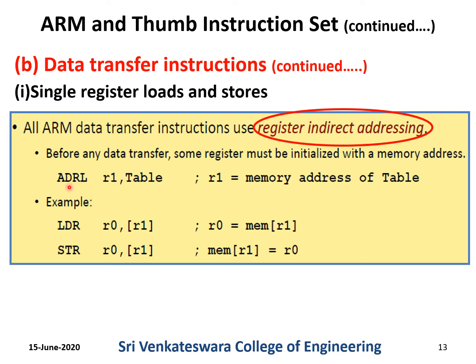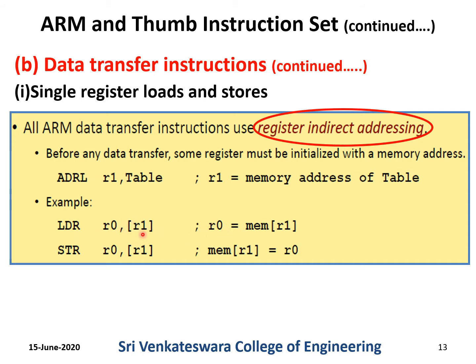Now we are ready to do the data transfer using LDR and STR. So LDR loads into a register and STR stores from a register. See the example shown here, LDR R0, [R1].